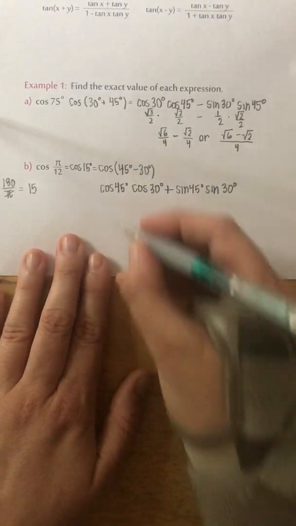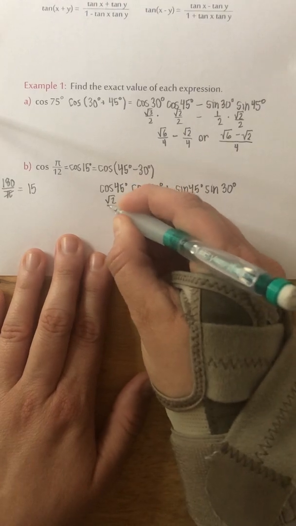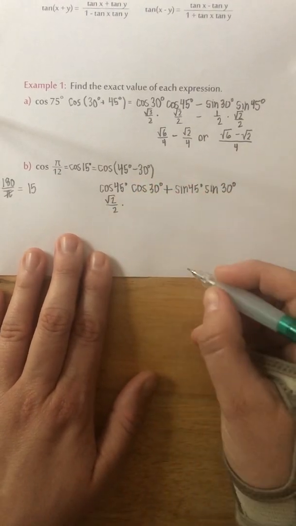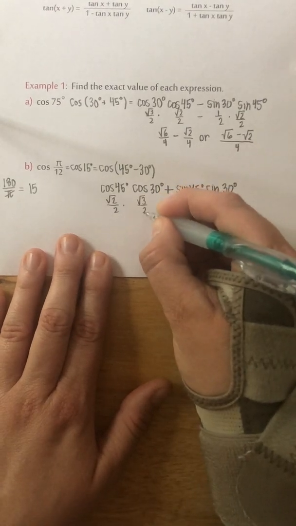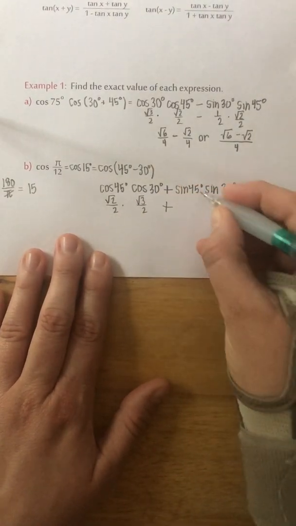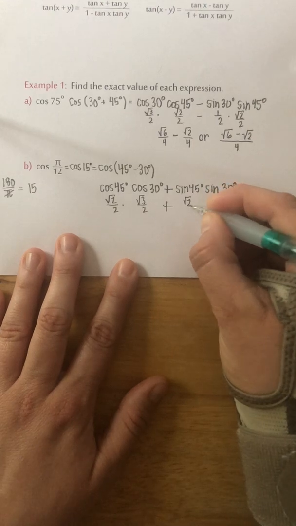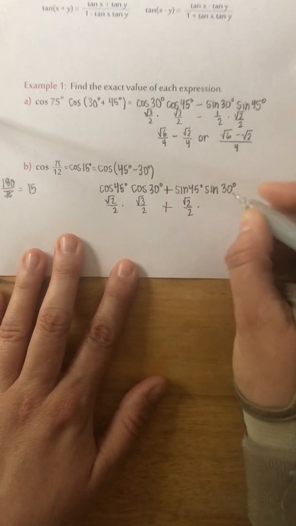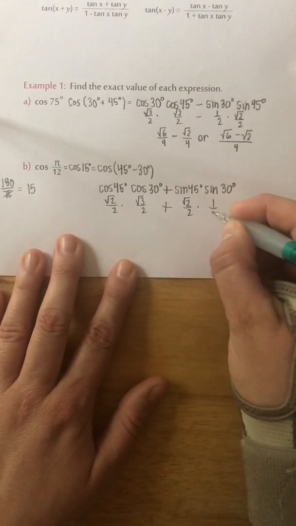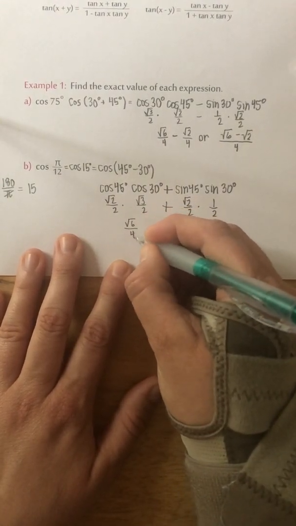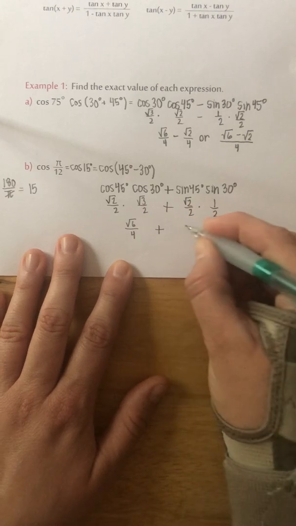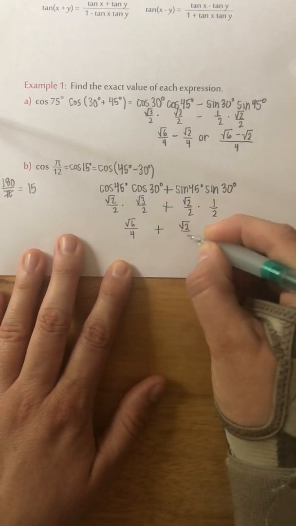All right, so cosine of 45 degrees, that is the square root of 2 over 2. Cosine of 30 degrees is the square root of 3 over 2. Sine of 45 degrees is the square root of 2 over 2. And sine of 30 degrees is 1 over 2. So when I multiply, I've got the square root of 6 over 4 plus the square root of 2 over 4.